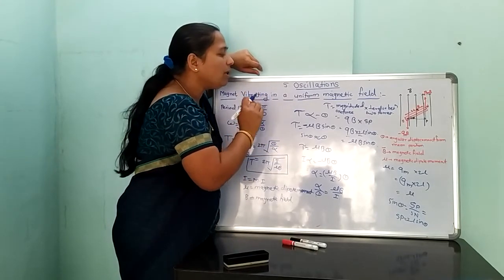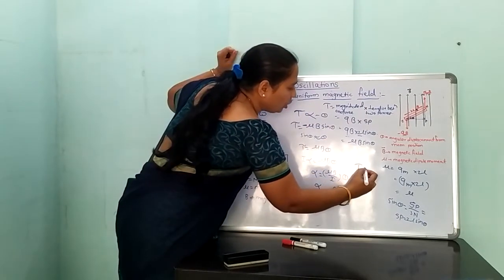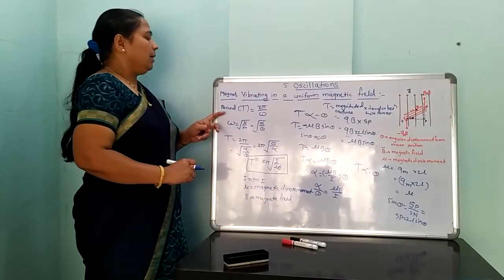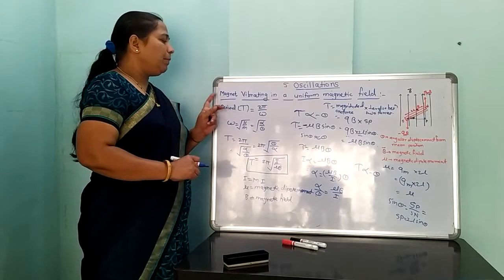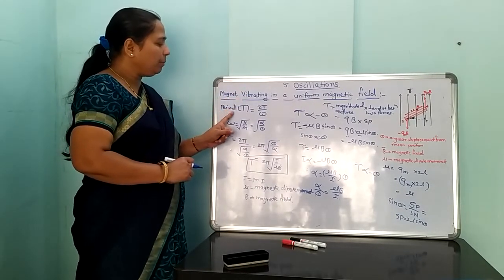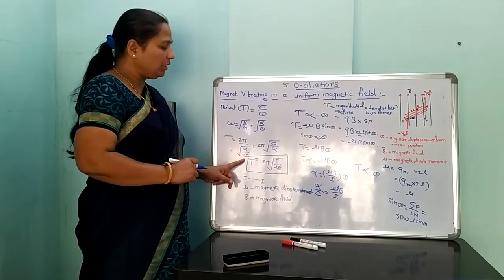But in angular SHM, torque is directly proportional to angular displacement. Hence, for the period of a bar magnet vibrating in a uniform magnetic field, T is equal to 2 pi upon square root of alpha upon theta.